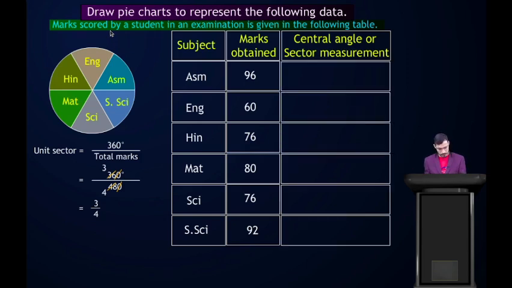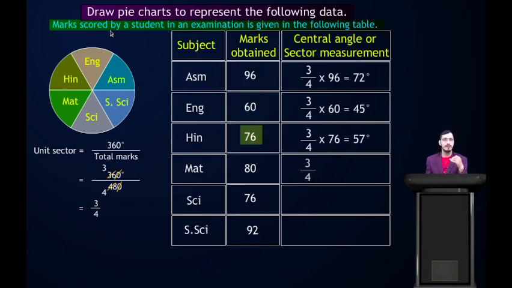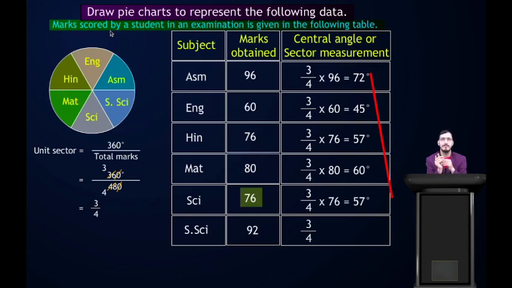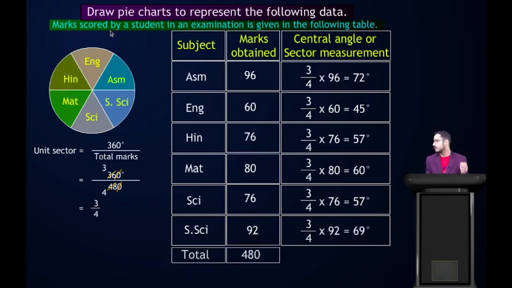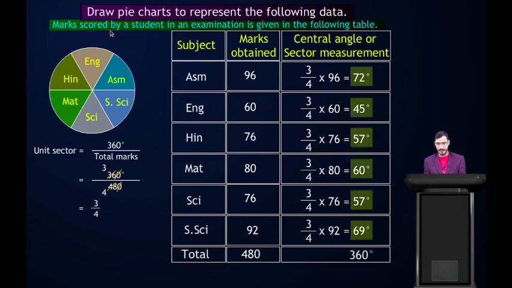So 96 into 3 by 4, then 60 into 3 by 4, 76 into 3 by 4, and 80 into 3 by 4, 76 into 3 by 4, and simplify. So we get the central angles: 72 degree, 45 degree, 57 degree, 60 degree. Now 92 into 3 by 4, yes, we got 69 degree. So that is our central angles.